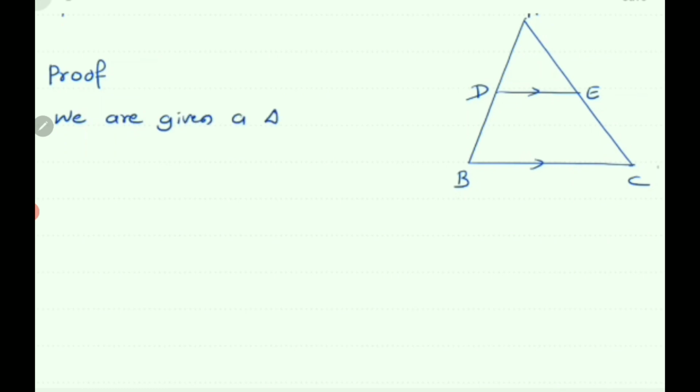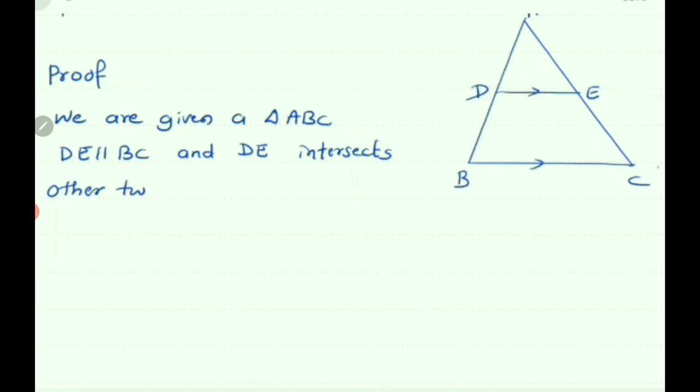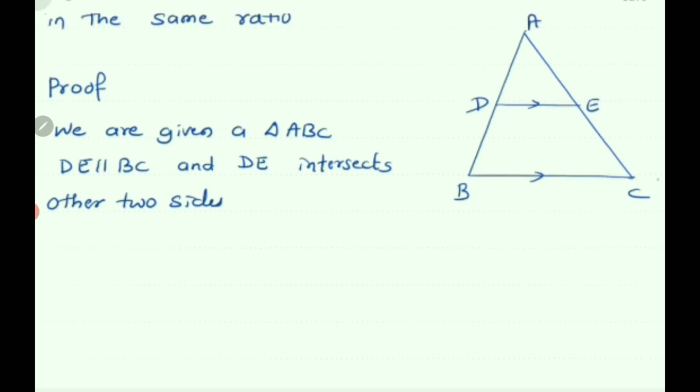Given a triangle ABC in which DE is parallel to BC, and DE intersects the other two sides AB and AC at D and E respectively.